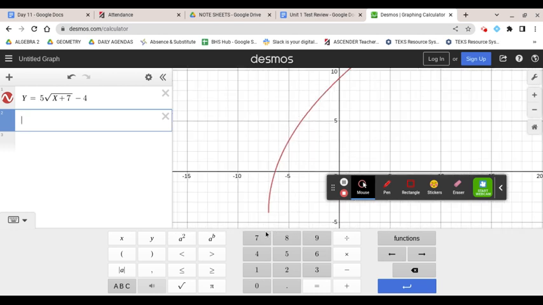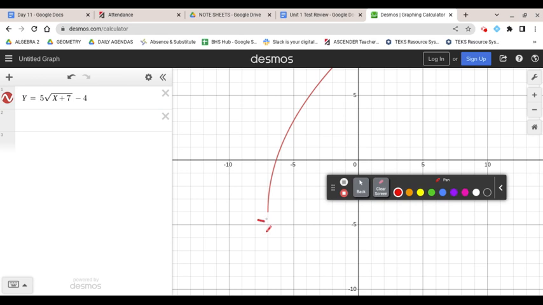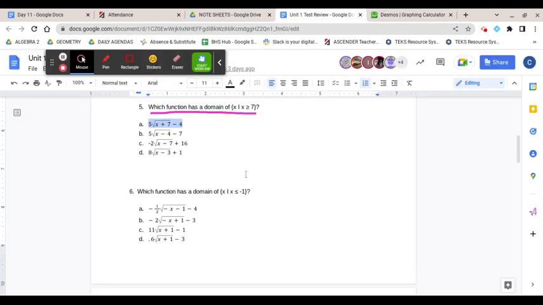Okay, we see that the domain starts at negative 7, so we know that x is greater than or equal to negative 7. So that one's out, because we need x greater than or equal to 7.